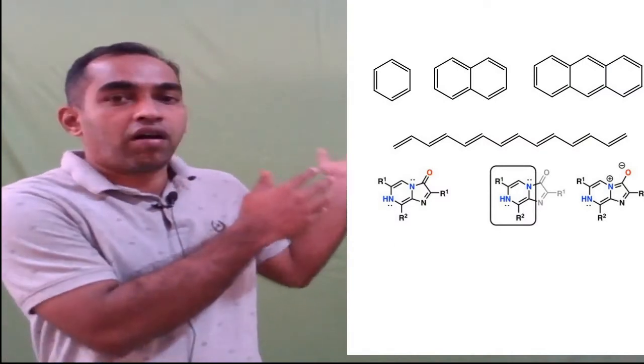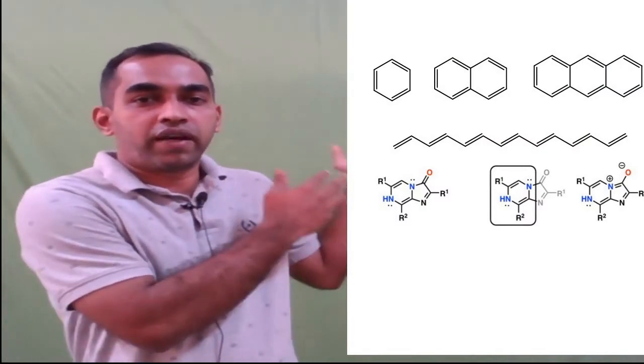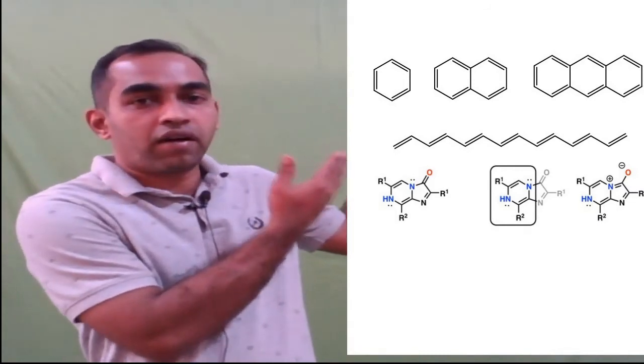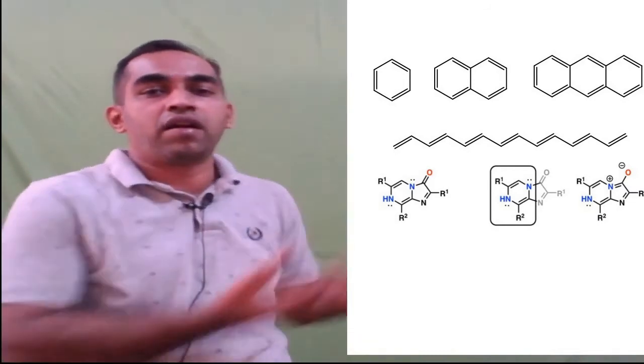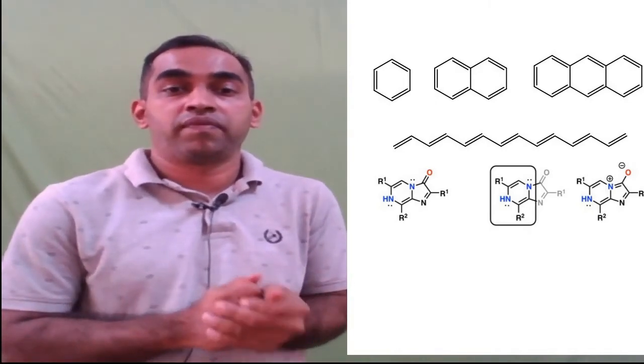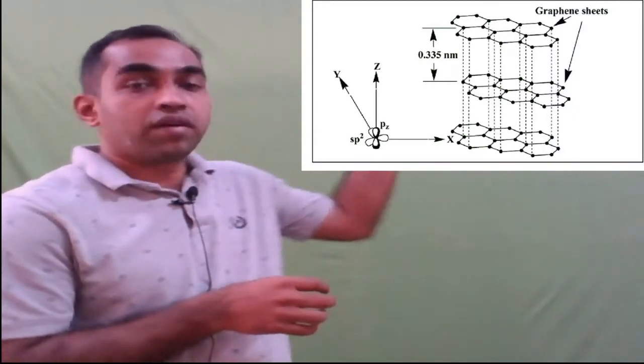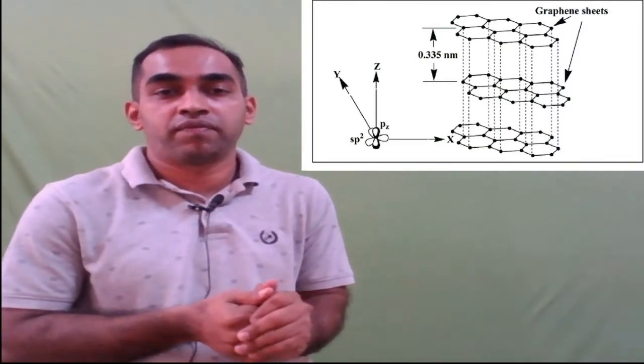There are various examples of sp2 hybridized compounds. For example, in all alkenes, carbons are sp2 hybridized, and in aromatic compounds, starting with benzene and naphthalene, all carbons are sp2 hybridized. An interesting example is graphite, where carbon atoms are sp2 hybridized.